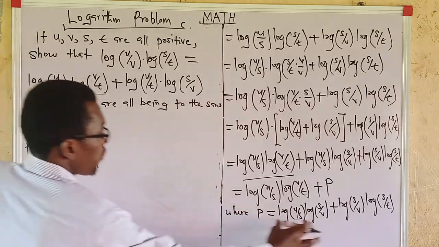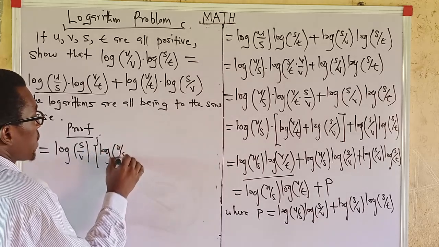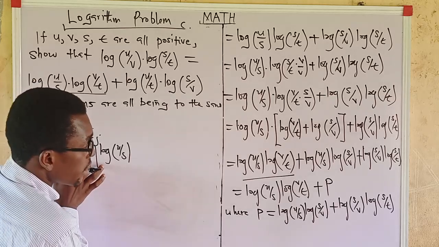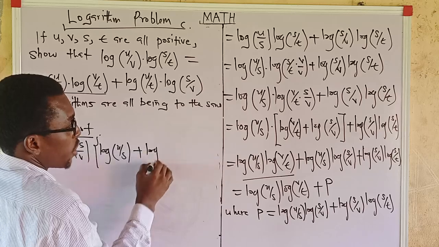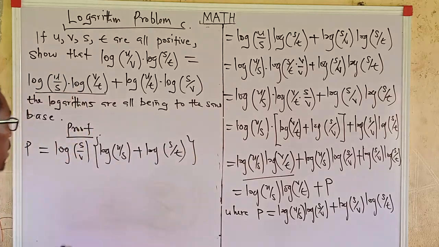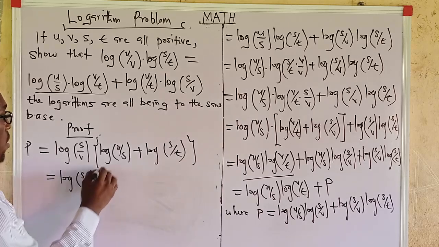When this divides the first term, we are left with log to an arbitrary base of U over S. Then when this expression divides the second term, we're left with plus log to an arbitrary base of S over T. Can you see that?